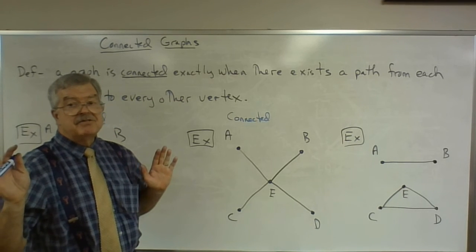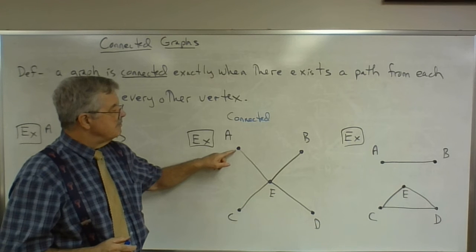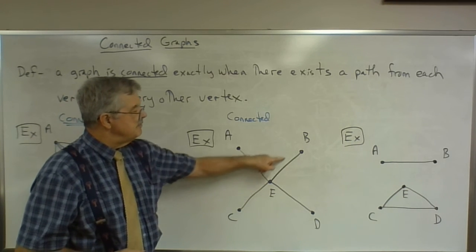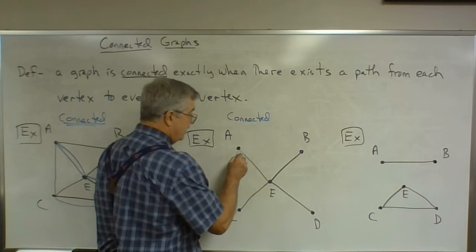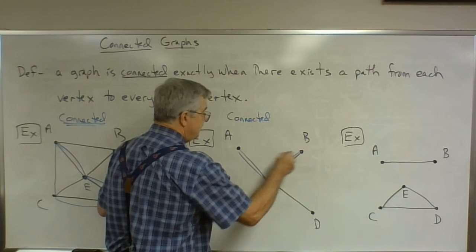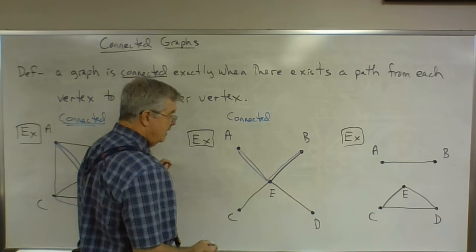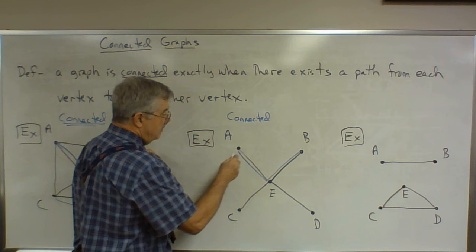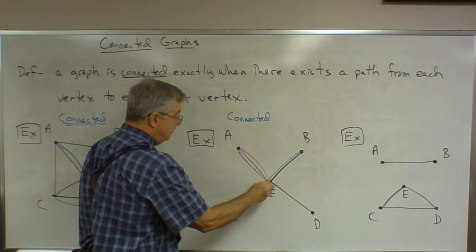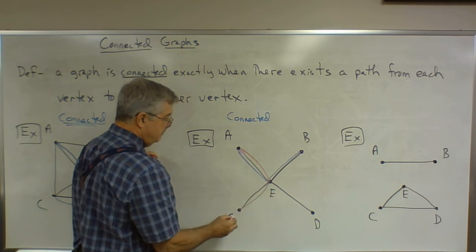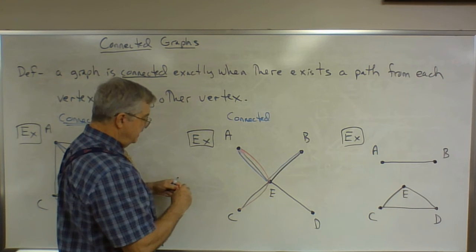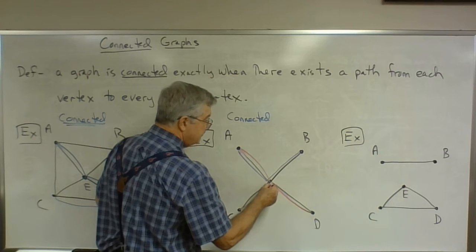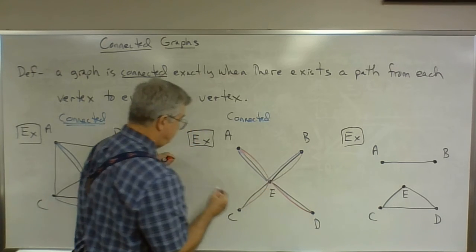Any other vertex, to get from A to B, go from A to E first and then to B. And that's what we do for all of the other vertices. A and C, go from A to E first and then from E to C. D and B, go from D to E first and then go to B.